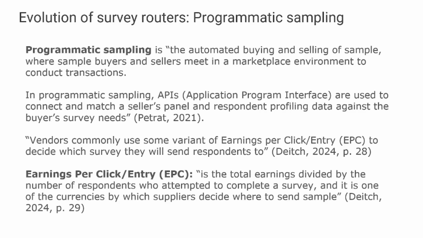Unfortunately, I don't have a lot of time to talk about it, but that's the new evolution where everything is going through an application program interface. There are also cost per click and everything that is being computed on the back end. And by the way, you will never know those numbers. And this is another massive black box, including the survey router. It's another black box that is totally undocumented, at least to you as a client.